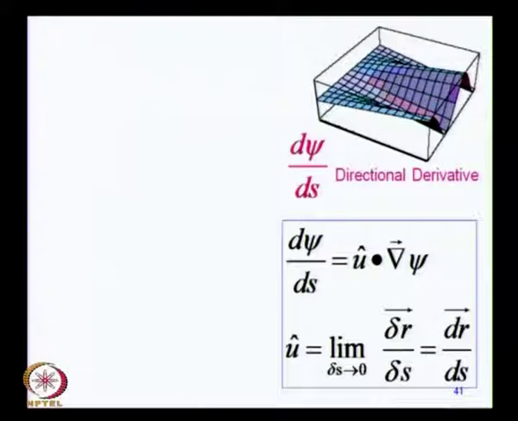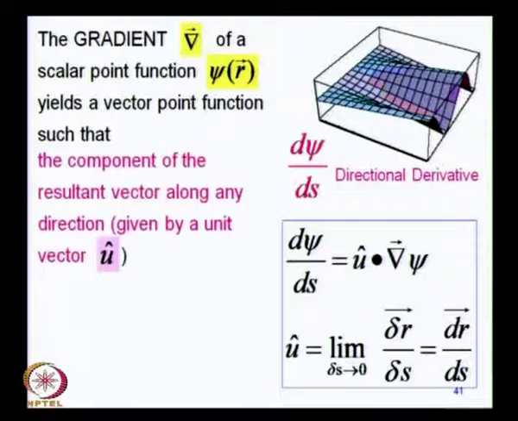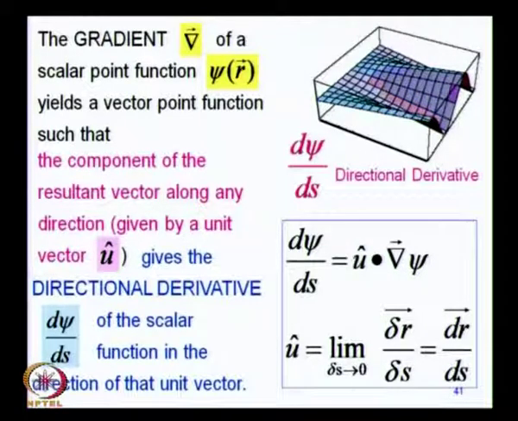This definition is completely independent of the coordinate system. It keeps track of the directional attribute, which is coming from this unit vector u, because it will be different in different directions. The unit vector u is what keeps track of the fact that you are dealing with a quantity which is a scalar, which however has a directional property.